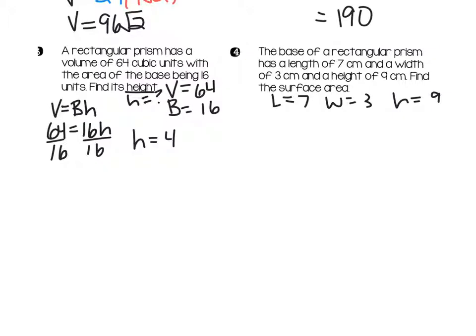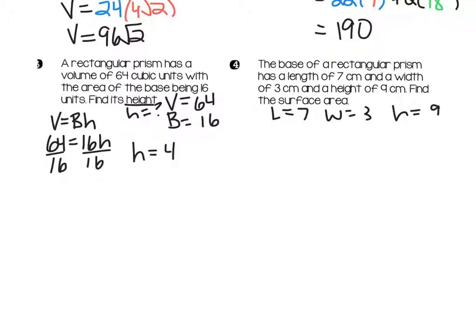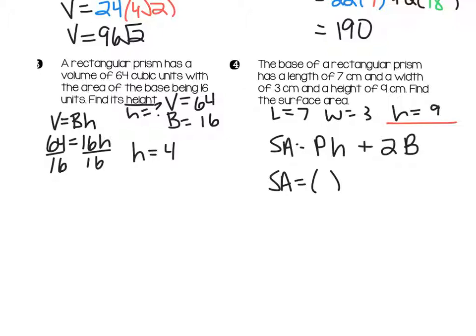Our surface area formula, once again, is perimeter times height plus 2 times the area of the base. So I'm going to substitute in the height that they gave me, which is 9, plus 2B. So the things that I need to know are my perimeter and area of my base.